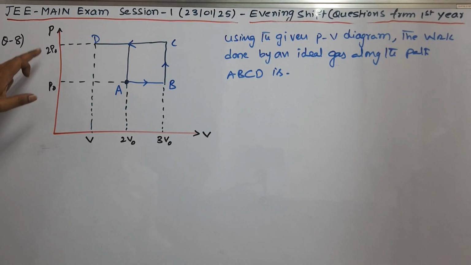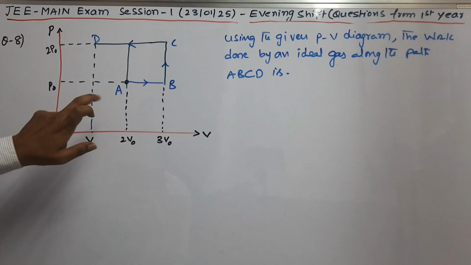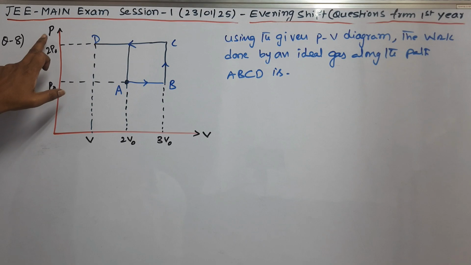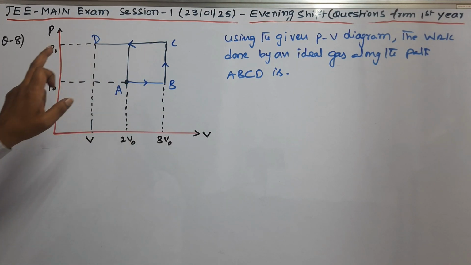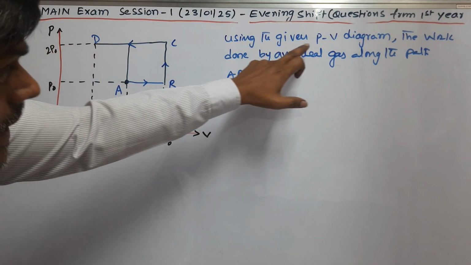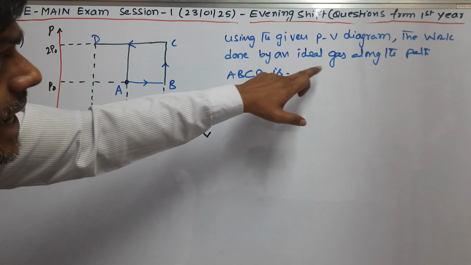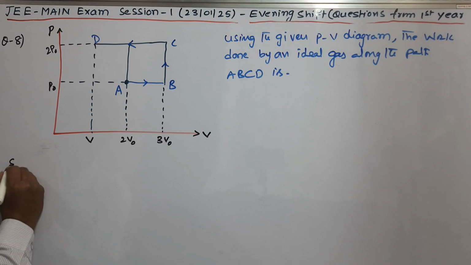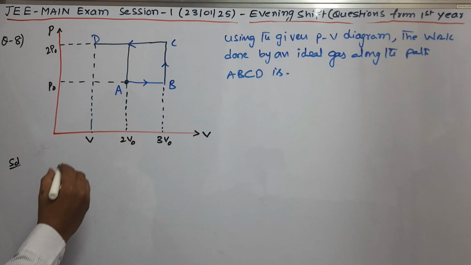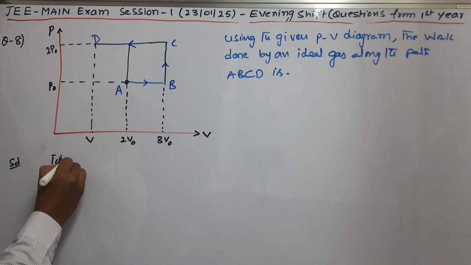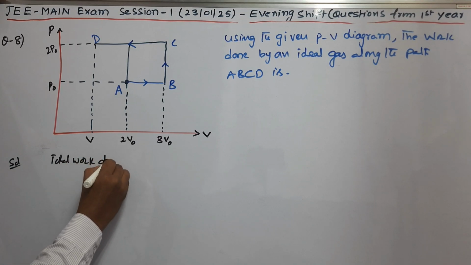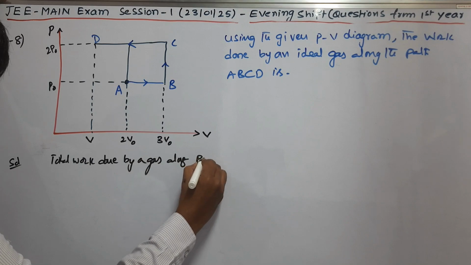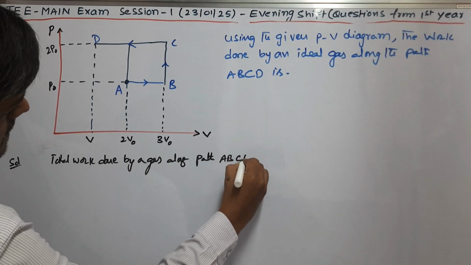The 8th question: this is a graph, an indicator diagram. An indicator diagram is nothing but a graph drawn between pressure and volume. Using this graph, find the work done by an ideal gas along the path A, B, C, D. So what is the total work done by the gas along path A, B, C, D?